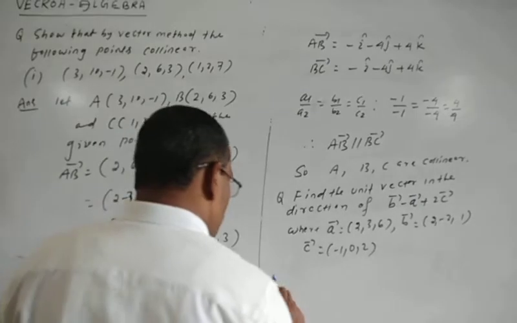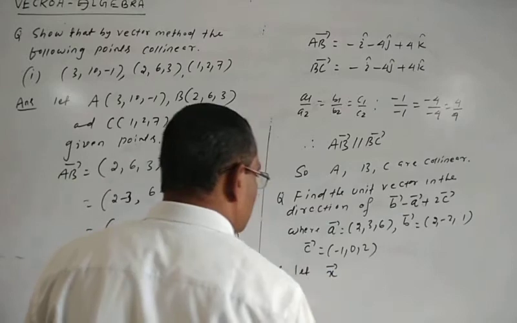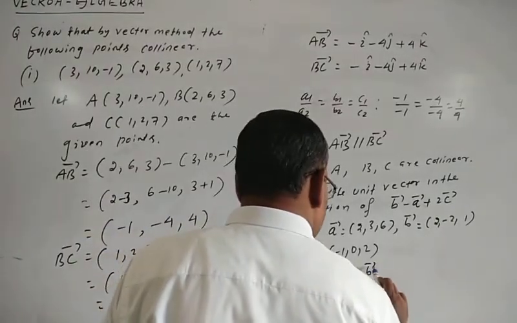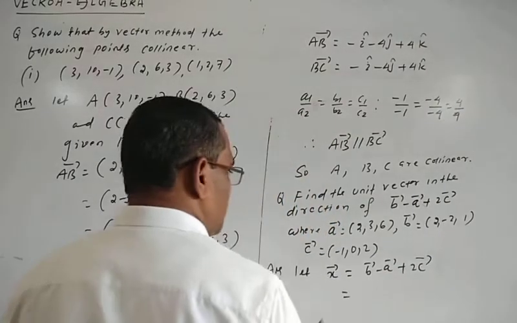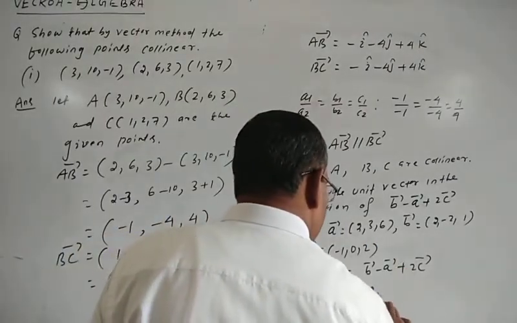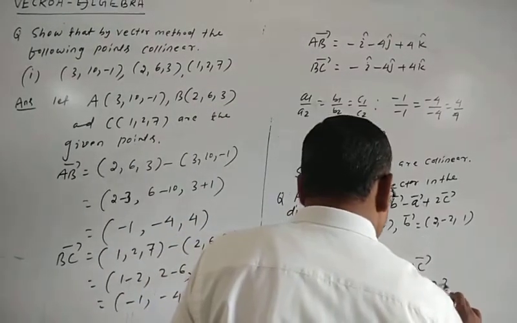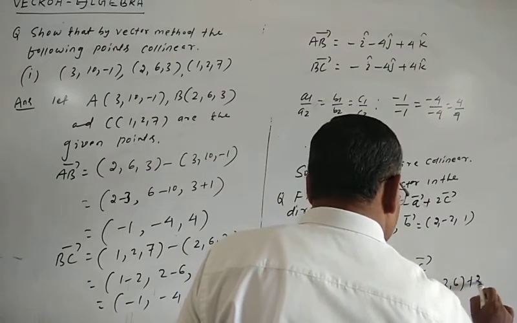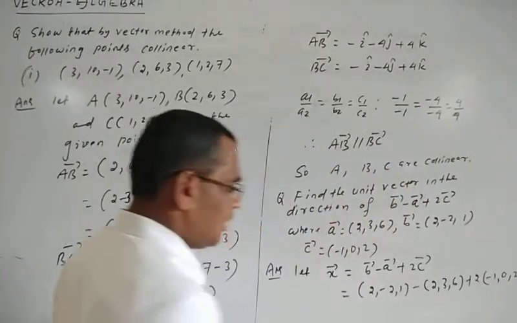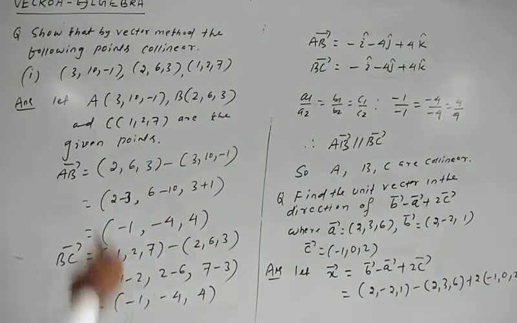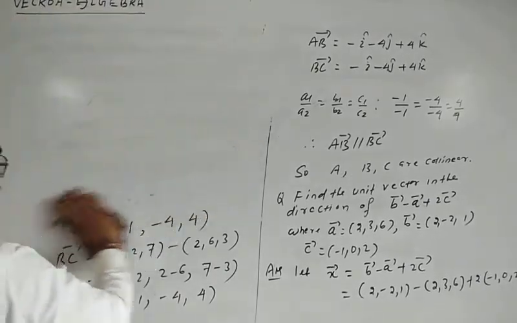Answer: let this be x vector, so x vector equals b vector minus a vector plus 2c vector. So b vector means (2, -2, 1), minus a vector means (2, 3, 6), plus 2 into c vector means (-1, 0, 2). So we calculate this.